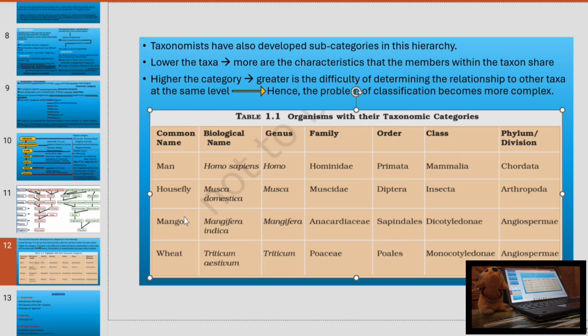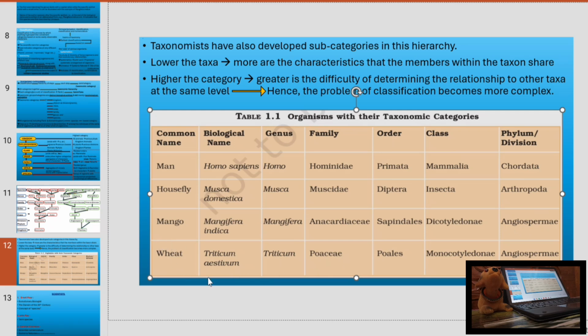Next is housefly. The biological name is Musca domestica, genus Musca, family Muscidae, order Diptera, class Insecta, phylum Arthropoda. For mango, Mangifera indica, genus Mangifera, family Anacardiaceae, order Sapindales, class Dicotyledonae, and phylum Angiospermae.